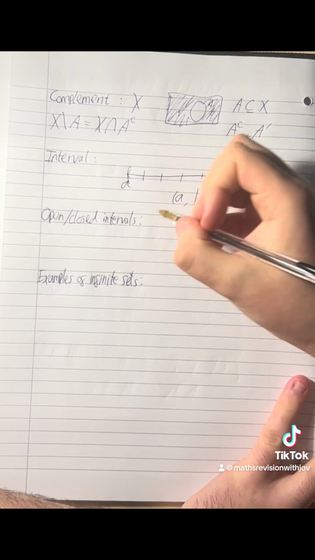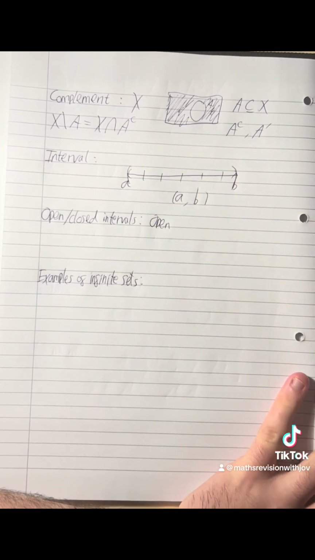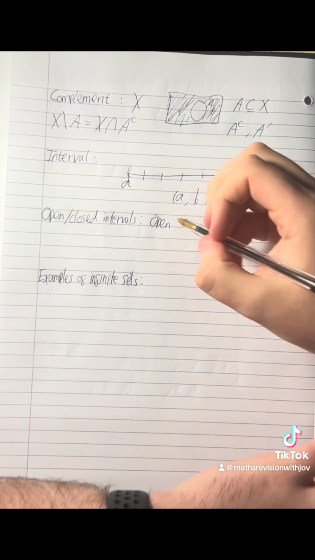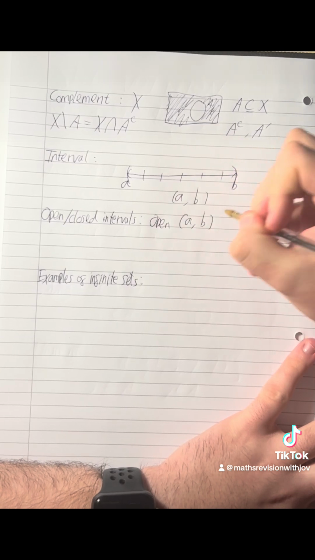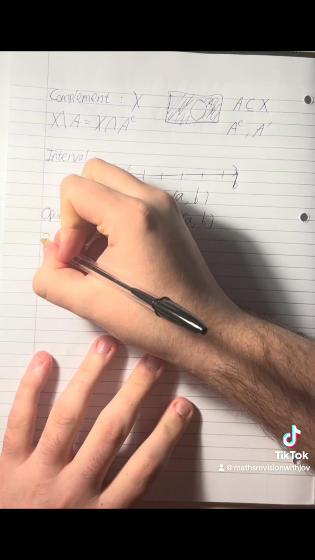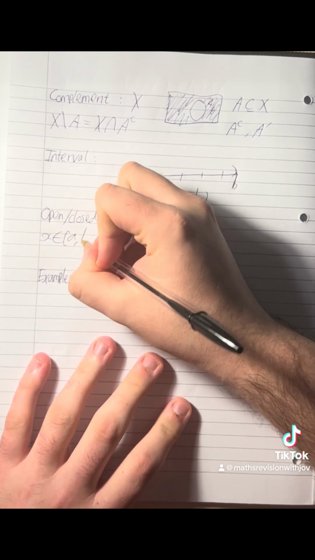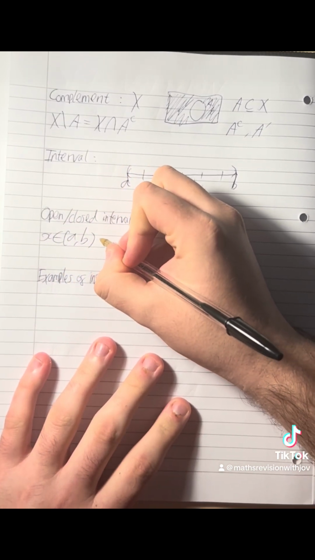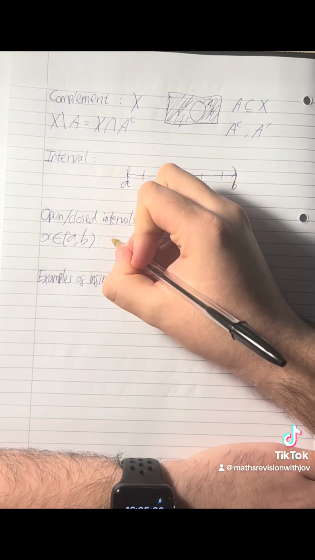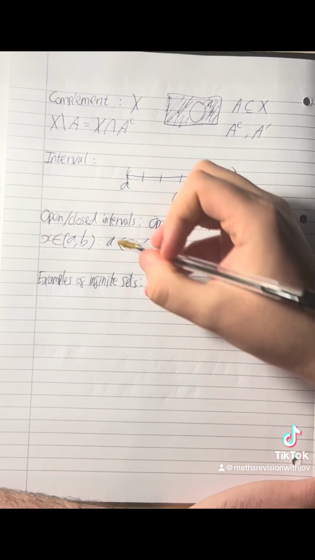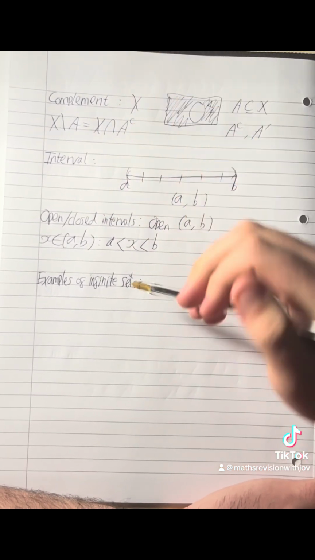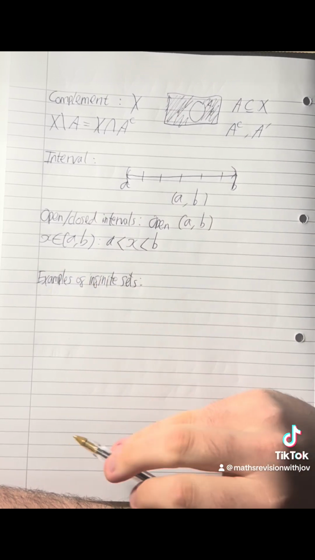Now let's talk about open and closed intervals. An open interval is what I've drawn right here, with regular brackets. So with A and B in regular brackets, X being an element of the open interval means that A is less than X, which is less than B. Notice how these are strict inequalities, so A and B are not included in this set.